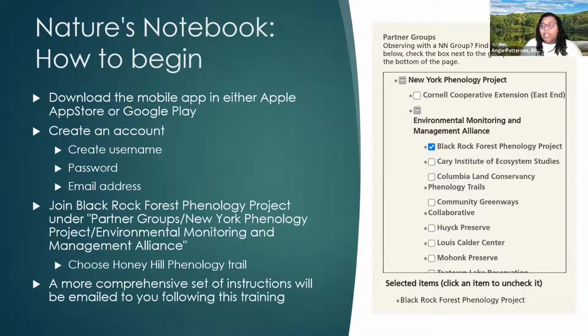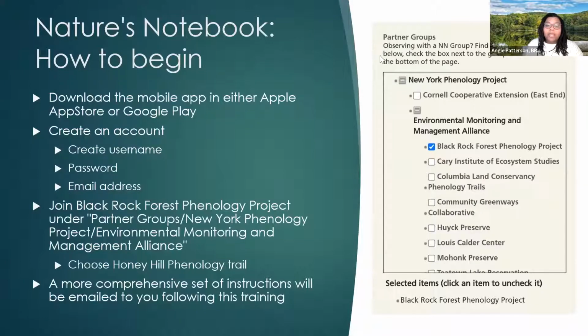So first, you need to visit the Apple App Store or Google Play in order to get this app on your devices. You're going to then want to create an account by entering a username, a password, and an email address. You'll have to then find Black Rock Forest Phenology Project, which is actually housed under the partner groups box that will be displayed.